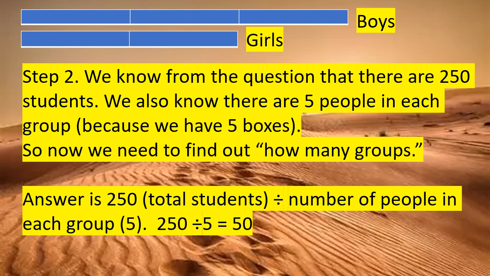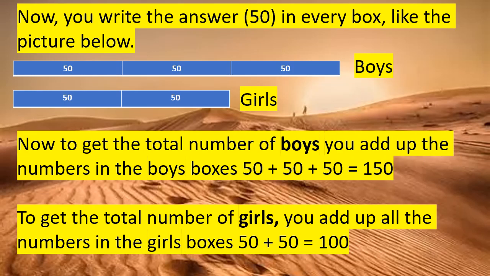So 250 divided by 5 equals 50. Now you write the answer 50 in every box, like the picture. So 50, 50, 50 for the boys, 50, 50 for the girls.